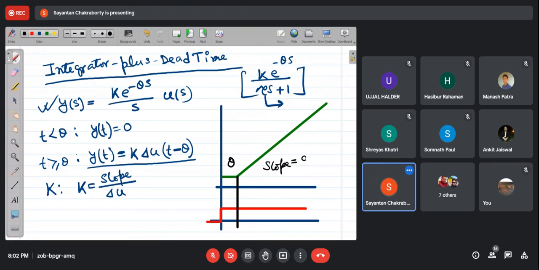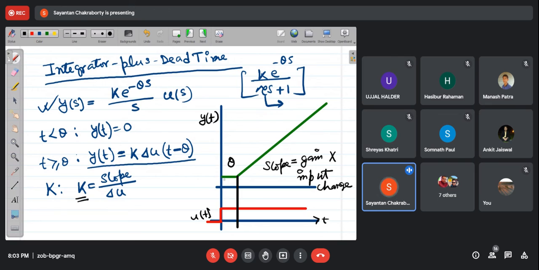What will be the slope? Gain multiplied by input change. This is your time axis, this is your y(t), and this is your u(t). Now, what do you have to calculate? You have to only estimate this gain K, because theta can be calculated by looking at the response itself.